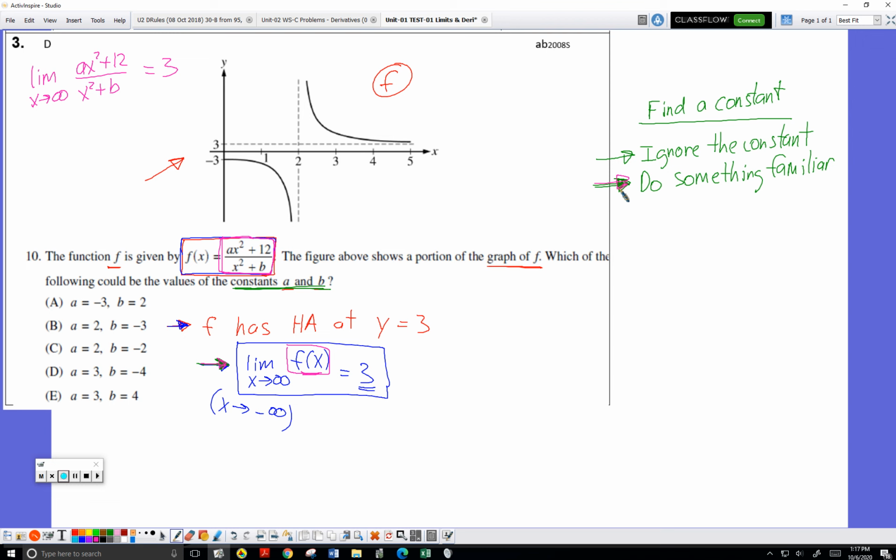That should go in your flashcard. Somehow, you'll find the constant. I get that sounds stupid, but it's true. Ignore the constant, do something familiar, somehow the constant will just show up. Like, you do not pay attention to A and B. Just do something else, you'll suddenly know A and B. So points for the whole room.